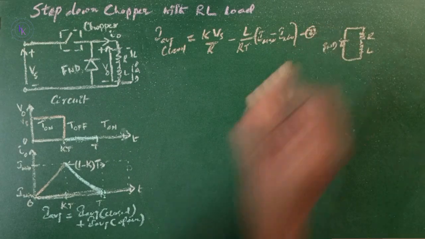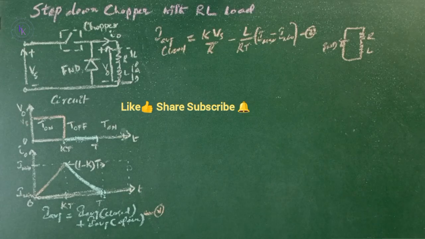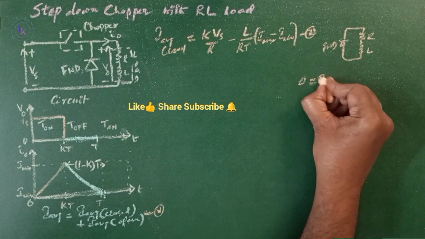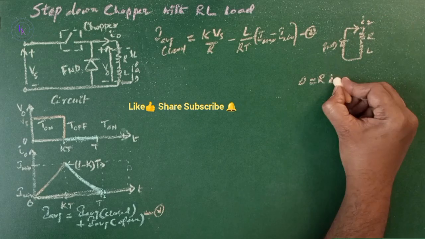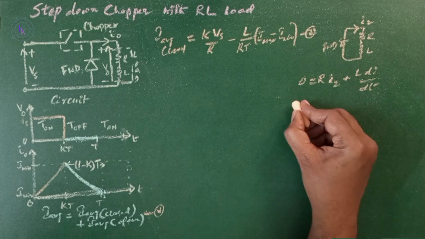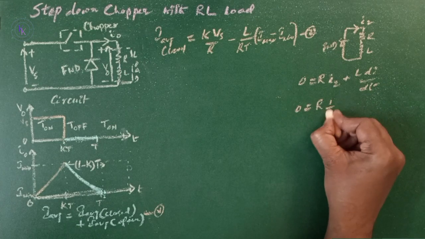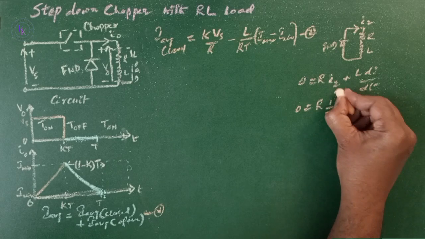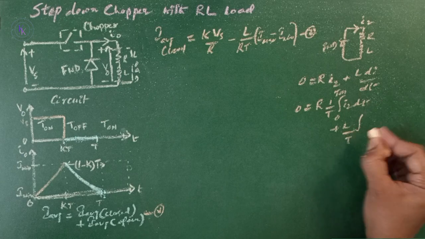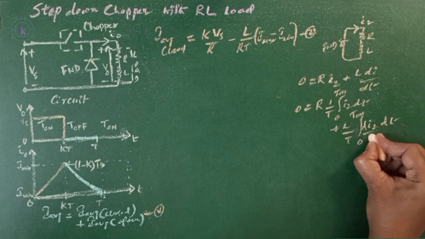Let this be equation number 2 and this be equation number 1. Now, when the chopper is opened, this is the current path in the circuit. 0 equals R times I2 plus L di2 by dt. For the average value, 0 equals R times 1 by T integral of I2 from 0 to T on dt plus L by T integral 0 to T on di2 by dt.